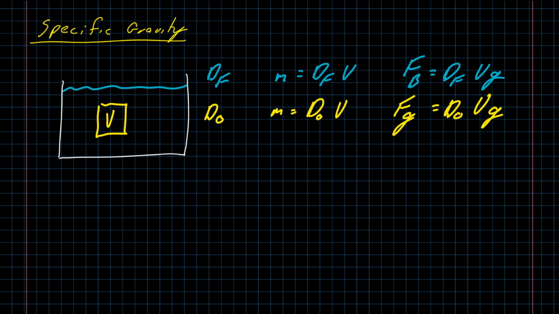And the interesting thing here is that we want to compare these two values. Well, they both have the exact same volume in the formula, and they both have the exact same gravitational acceleration. So really the only thing that matters is the relative density of the two materials.